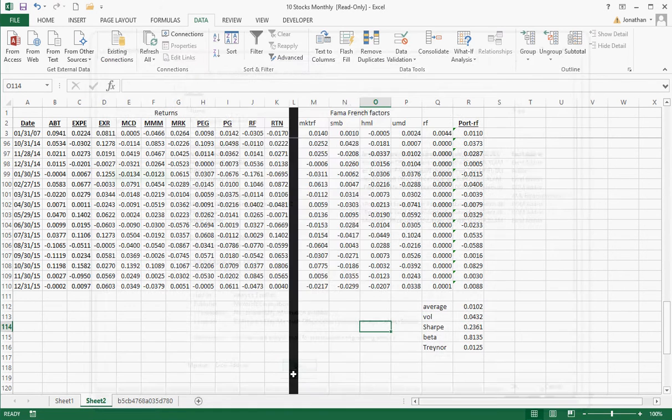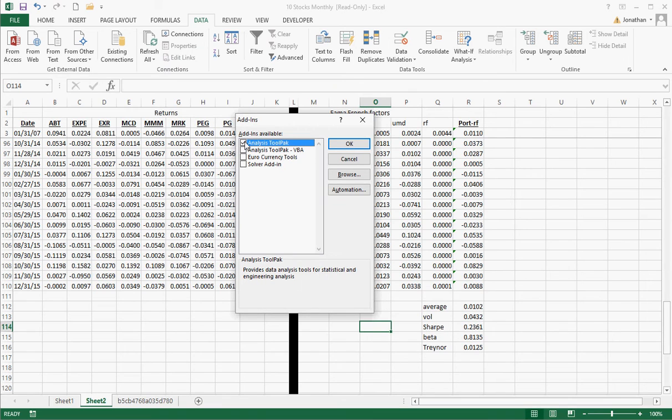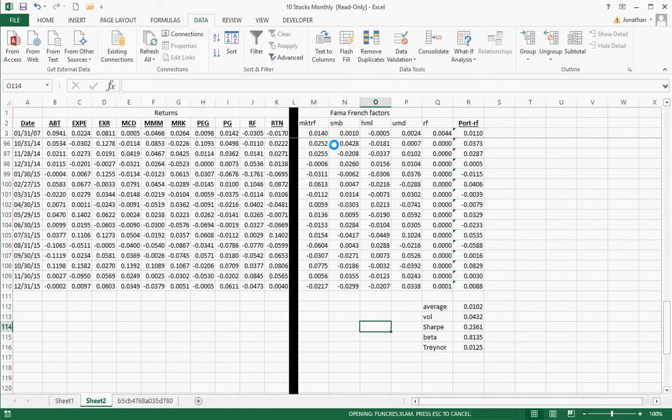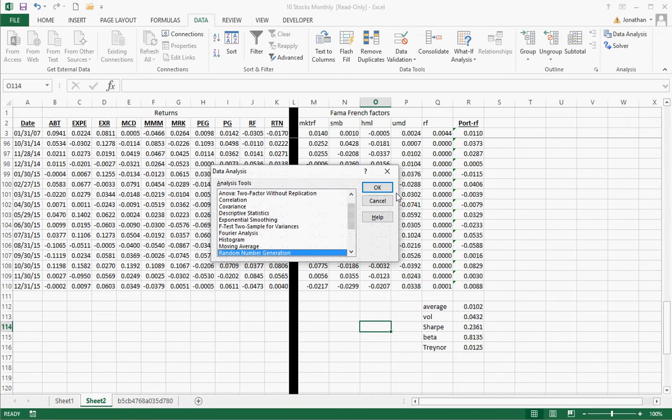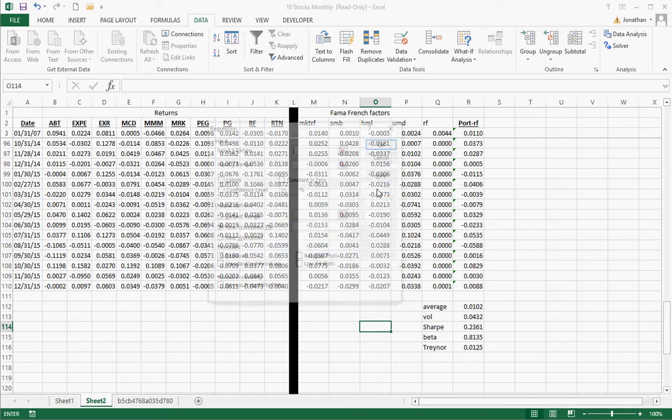Click go, and then click on Analysis ToolPak. If you want Solver, we click that Solver as well. Click OK, and then just wait for a second. And data analysis comes up right here. So go to data analysis, in alphabetical order, go to regression, click OK.